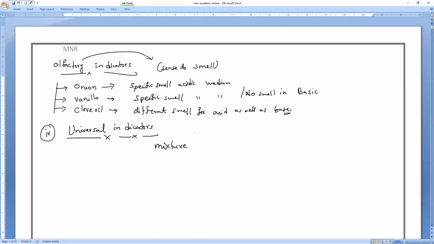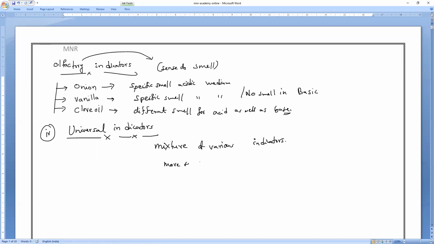And we can identify the concentration also. That is the advantage of universal indicators. Remember, it is a mixture of various indicators.